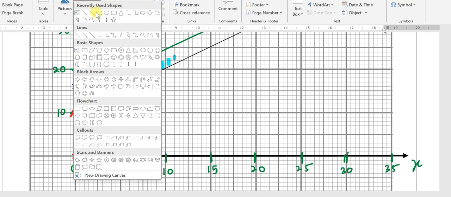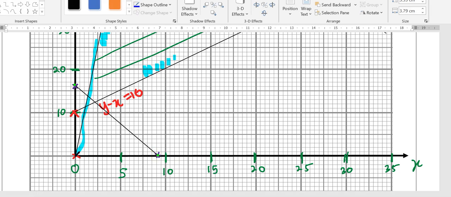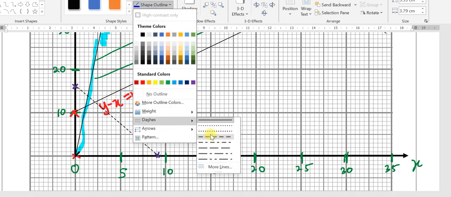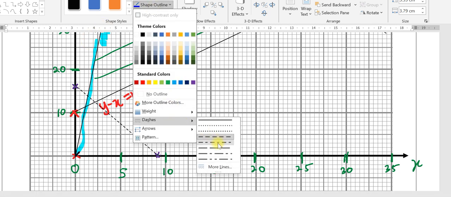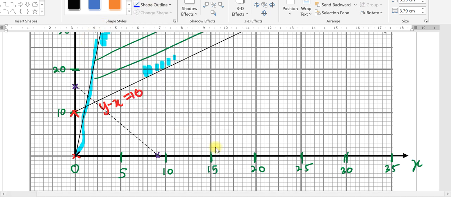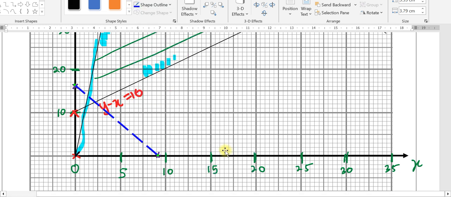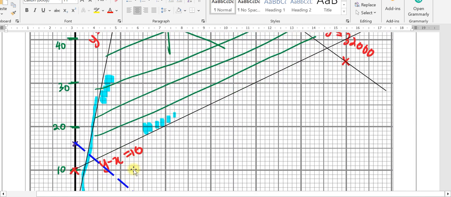Now you need to draw like this in a dotted line. Make sure it's a dotted line. Okay, like this lah.